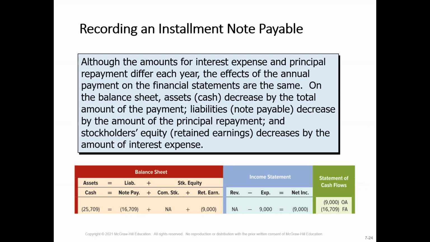It'll be the numbers that come directly off of that amortization schedule. So there'll be 5 entries to record the notes payable at December 31st, years 2, 3, 4, 5, 6. And at the end of year 6, note payable balance will be 0.